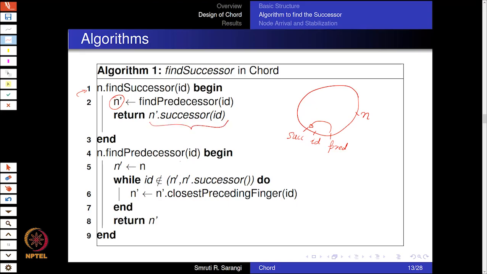To find the predecessor, we follow a recursive procedure. I will show this in a slightly bigger diagram. Consider this to be the ring, this to be the starting position, and this to be ID.